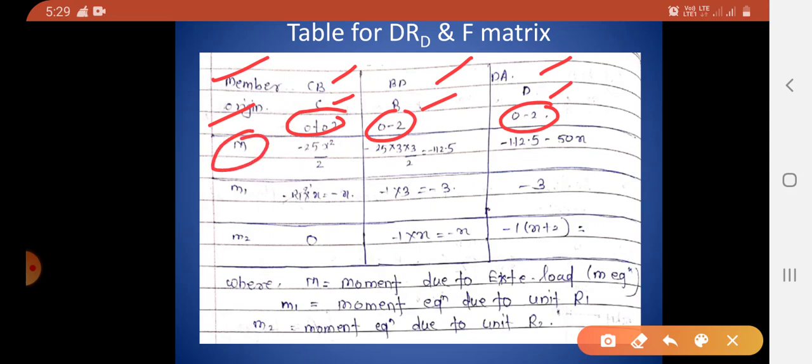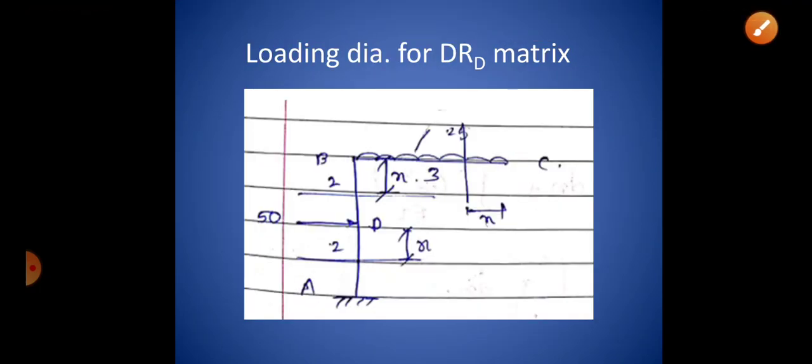M, capital M, is the bending moment due to external load, that is the bending moment equation. Okay, and then small m1 is the moment equation due to unit R1, and m2 is the moment equation due to unit R2.